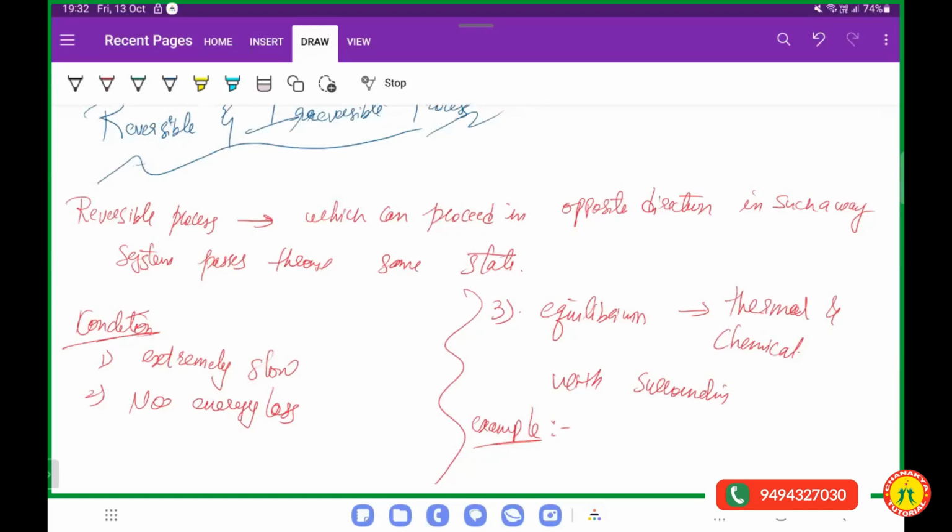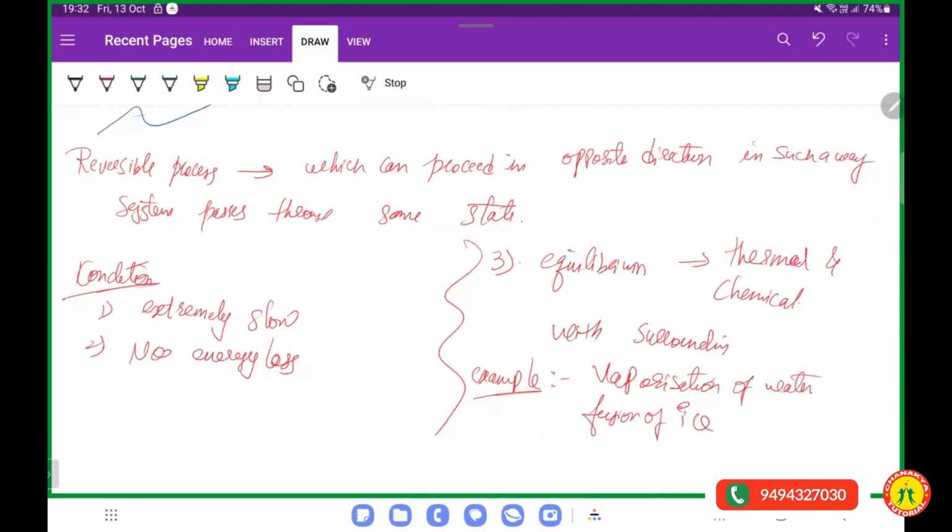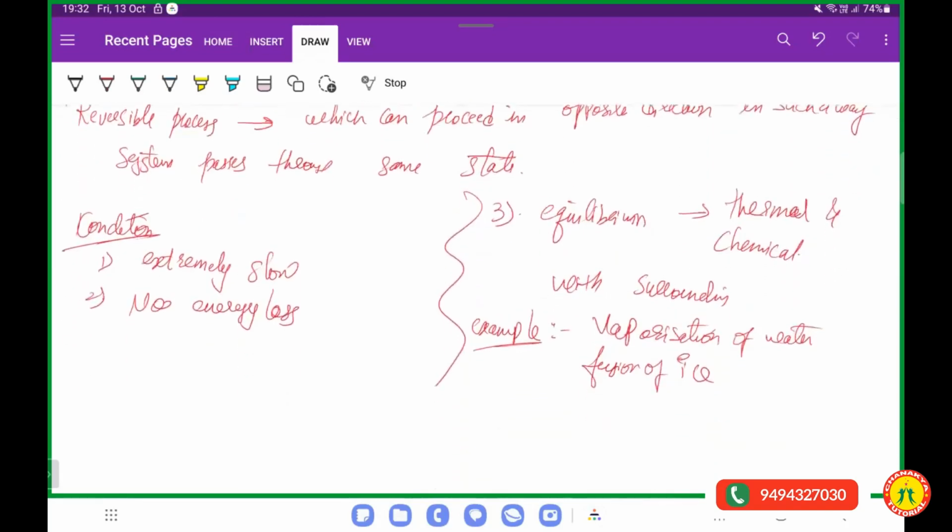Any physical processes like fusion of ice. Yes, vaporization of water, then fusion of ice. Same way, irreversible means the opposite of this.